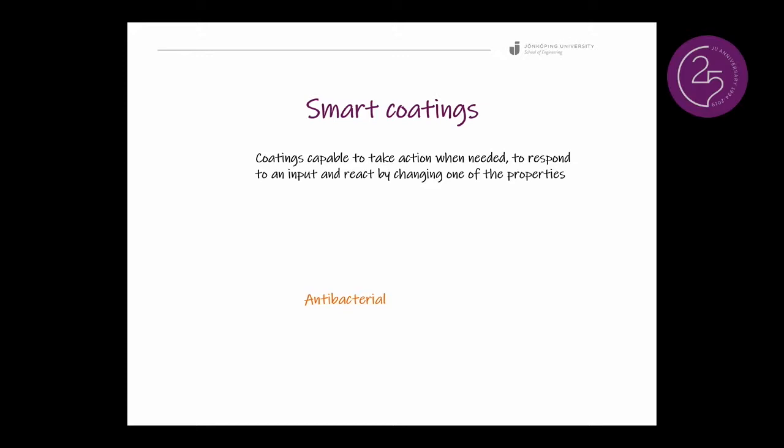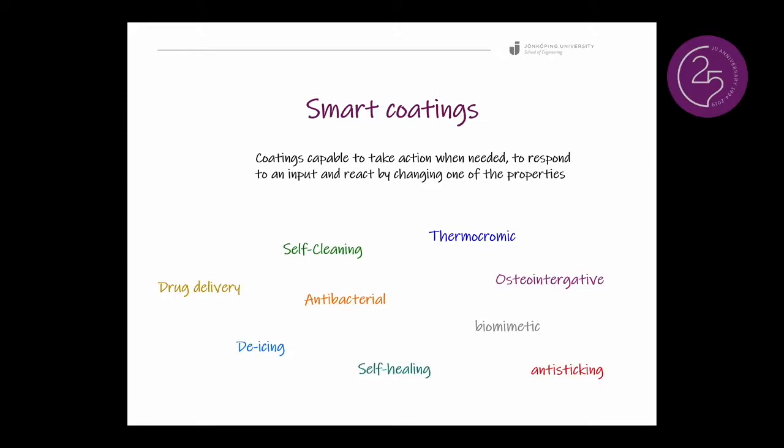Maybe you have heard about antibacterial coating, drug delivery surfaces, self-cleaning material, thermochromic glasses, biomimetic materials, de-icing surfaces, self-healing, osteointegrative, anti-sticking, and more. You can come up with your own smart functionalities.